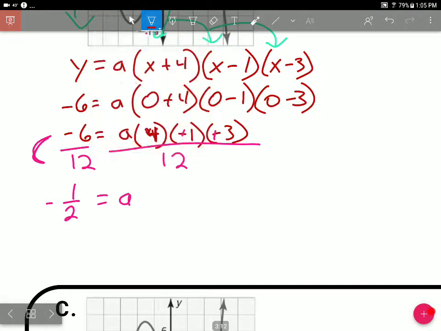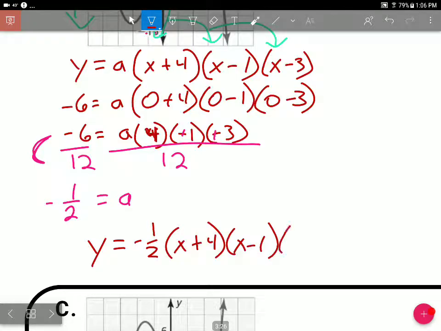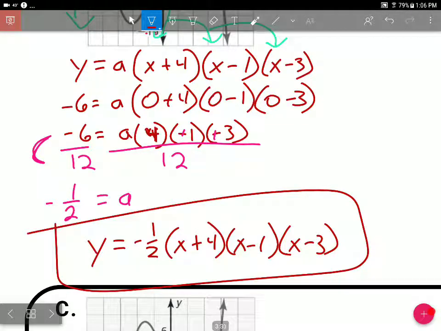Did it tell us to write this in standard form, in factored form, in vertex form, anything weird like that? No. So we're just going to write it like this. y equals -1/2, x plus 4, x minus 1, x minus 3. Done. They didn't tell us how they want it, so we'll give it to them how we want it. Cool?